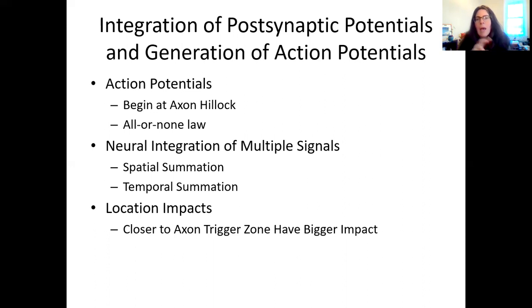Like I said before, the action potential begins at the axon hillock. It's the little bulb in between the cell body and the axon. There are dendrites that are coming into the cell. Some of the dendrites are closer to the axon hillock, so information that comes in closer to that area will have a bigger impact. Messages that are received further away from the axon hillock have some degradation by the time that message reaches the axon hillock.